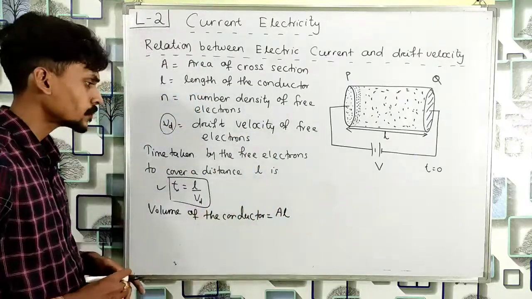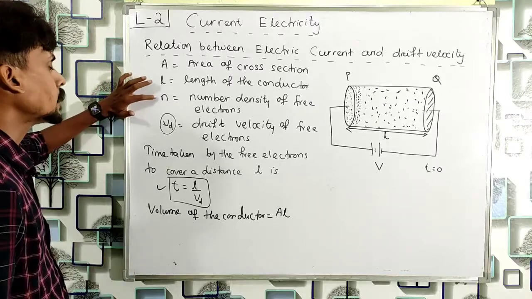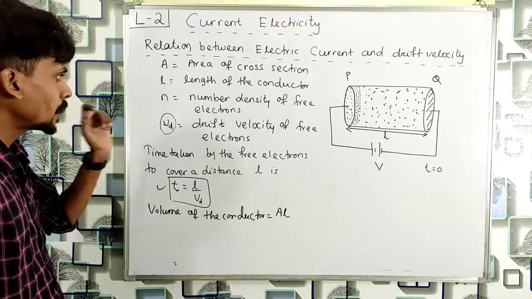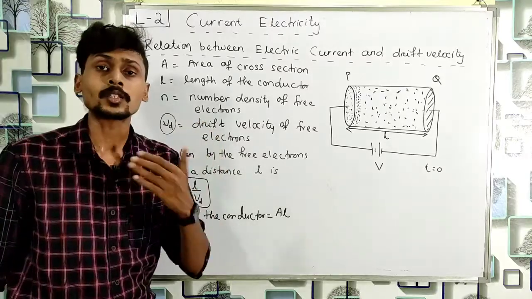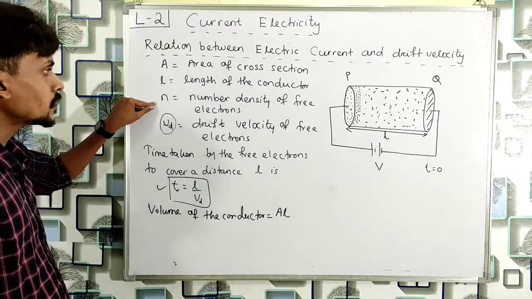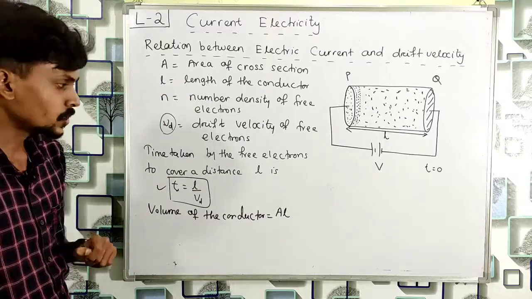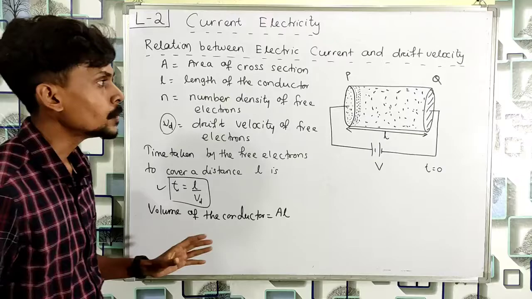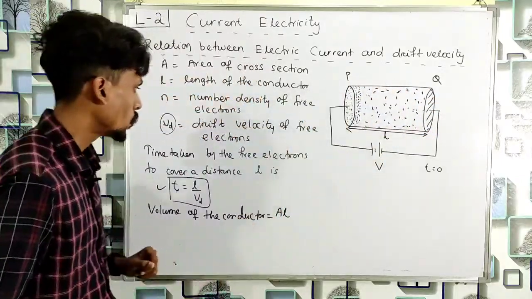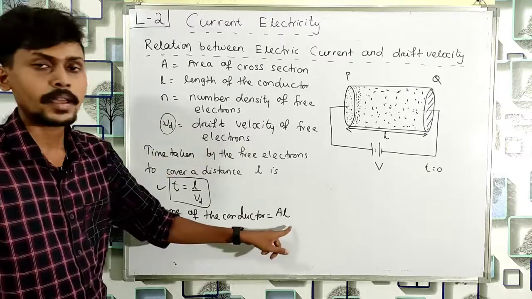Is that clear? And here I have written that the number density of free electrons is small n. Number density of free electrons means the number of free electrons per unit volume. If small n is the number density of free electrons, then the total number of free electrons contained inside this cylindrical region will be n into AL.